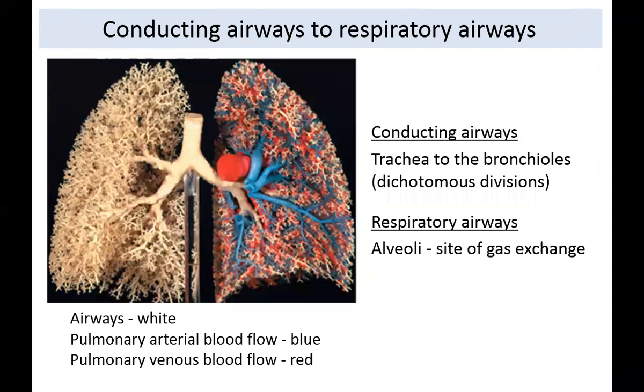And it just gives an idea of the branching that you see of these airways. And when you go through 23 branches, 2 to the 23, that's a lot of airways there.